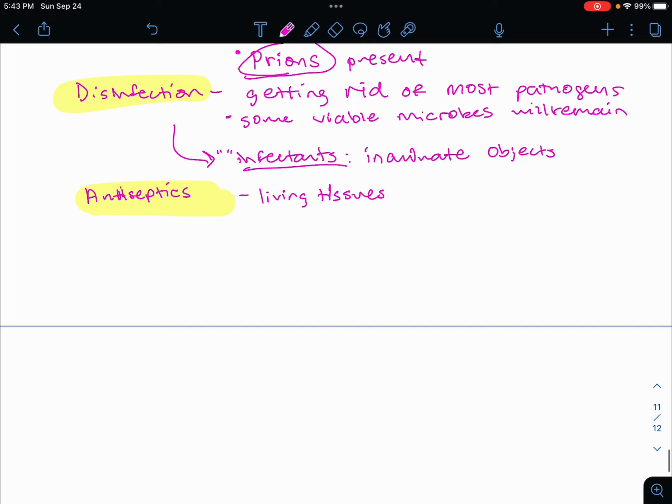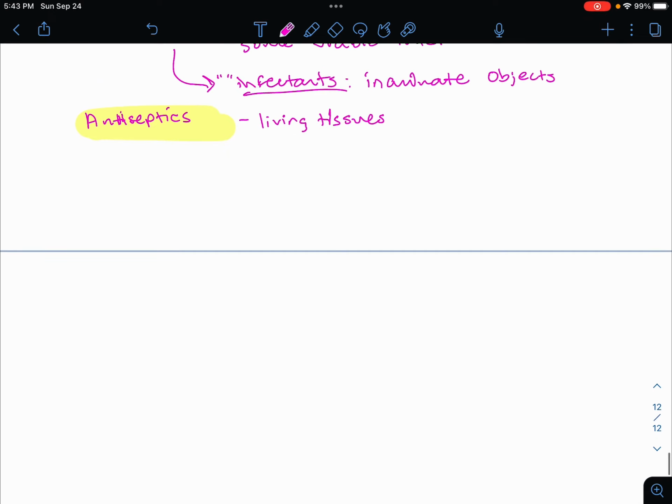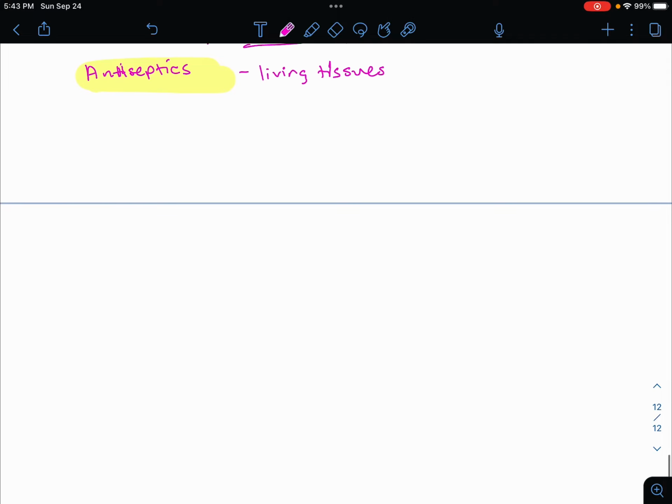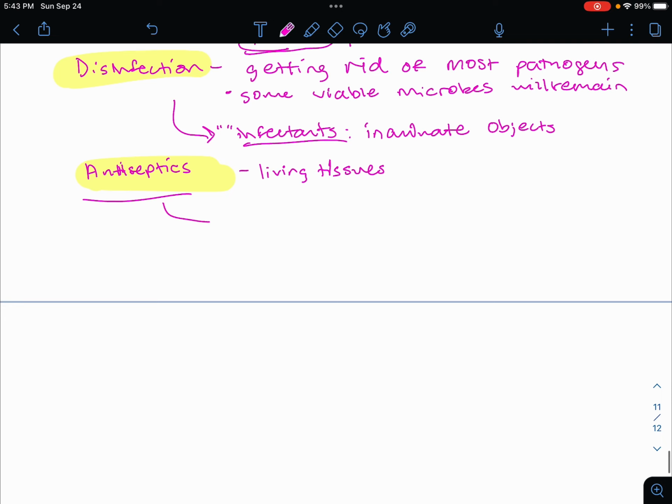Kind of like an alcohol wipe before getting a flu shot or something like that. The first person to use this term, antiseptic, is actually an ancestor of one of my professors, John Pringle, and he was a physician in Scotland from the 1700s.